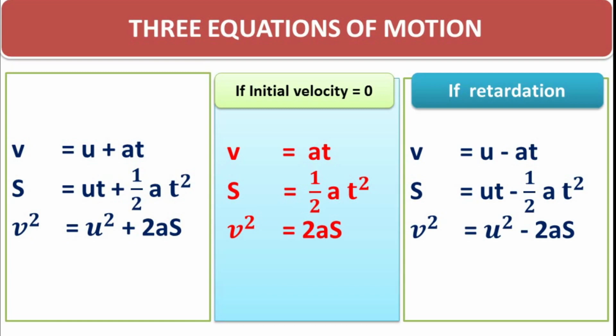And if the body is moving with retardation, then A is negative. So the equations become V is equal to U minus AT, S is equal to UT minus half AT square, and V square is equal to U square minus 2AS.